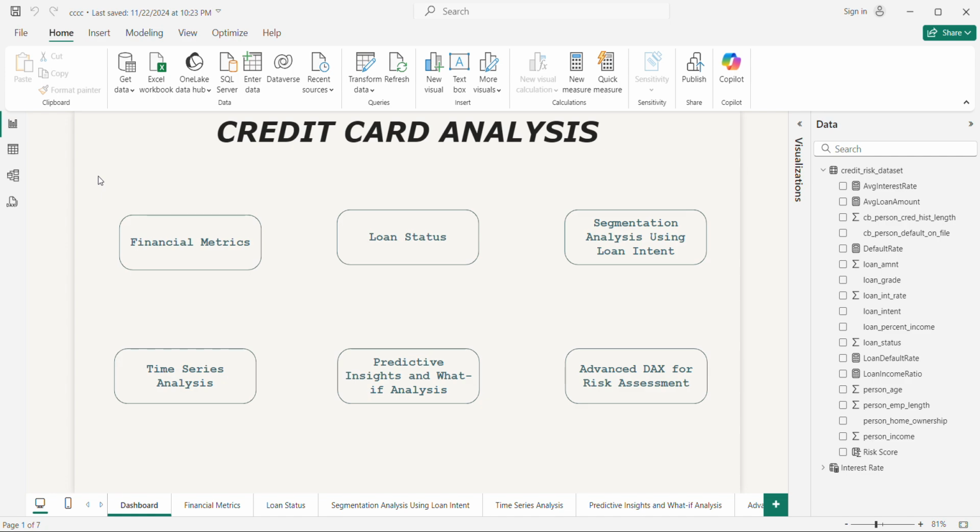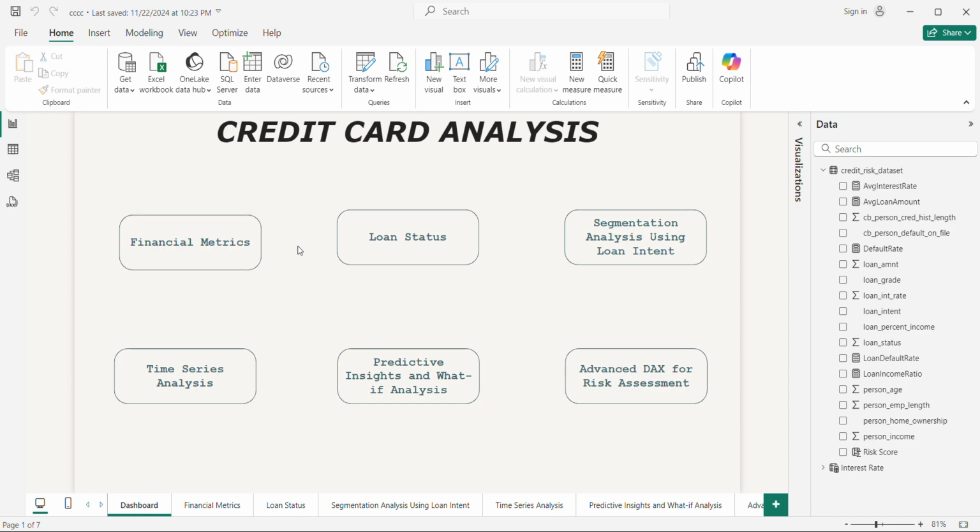In Power Query, you remove all blank columns, all the outliers of the data set, and remove the duplicates, which also makes the data set easier for visualization.